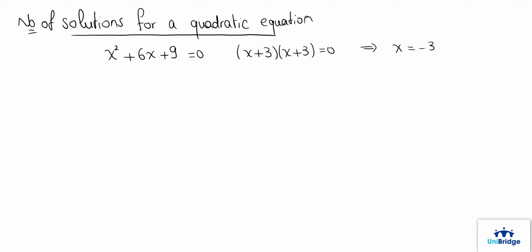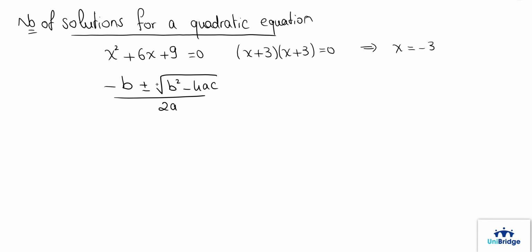Well, the thing that solves all quadratic equations is the quadratic formula, so it needs to be part of the quadratic formula. Let's have a look. The quadratic formula, as we discussed, is x equals negative b plus or minus the square root of b squared minus 4ac, over 2a. What is the term that would determine the number of solutions?